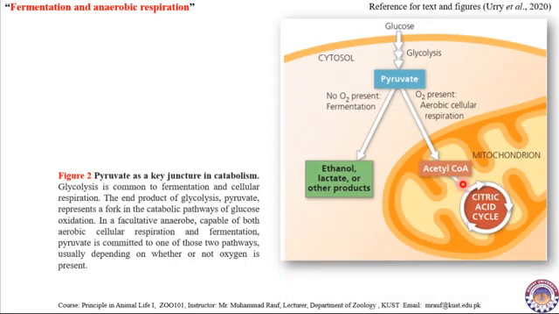So here is the pyruvate, which can be diverted into 2 different routes depending upon the presence of oxygen. If oxygen is present, then of course it will enter into mitochondria, acetyl coenzyme A will be produced, and then it will enter into Krebs cycle.